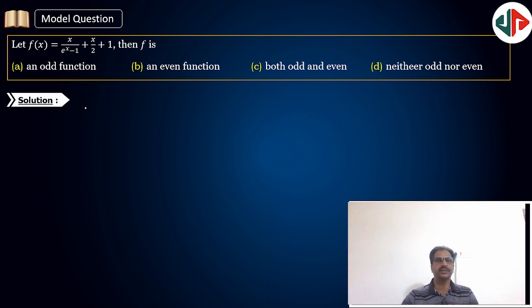Next, f of x is given, and we have to check whether the function is an even function or an odd function. To check whether the function is even or odd, as we already discussed in the synopsis, we have to find f of minus x. Replace x with minus x.